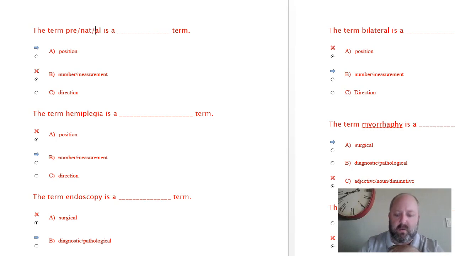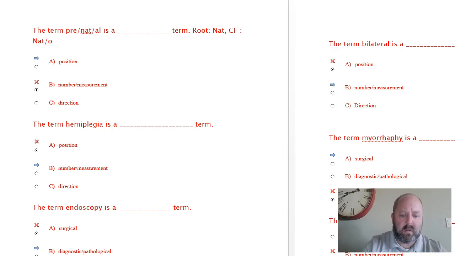The root is nate, the combining form is nato, the prefix is pre, and the suffix is al.